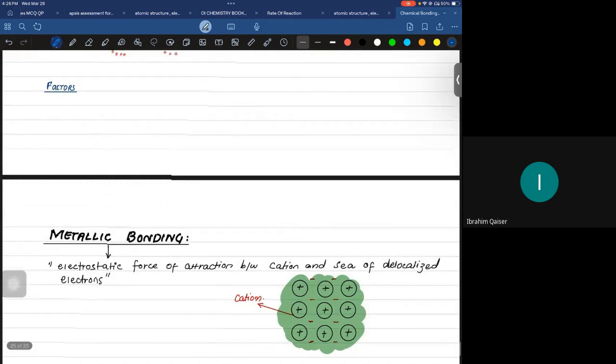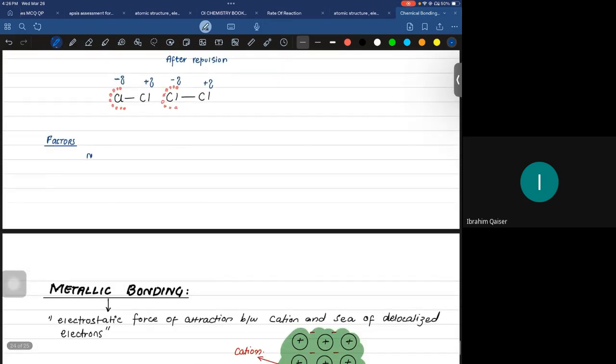Number one, we have number of electrons. Number two, we have surface area. So, this is methane. This is ethane.